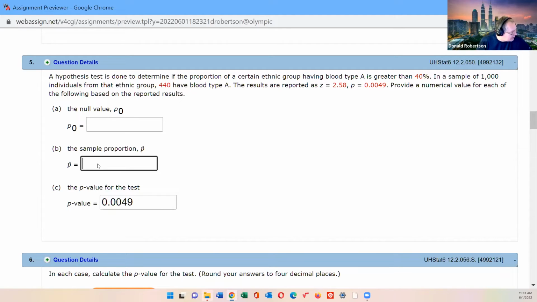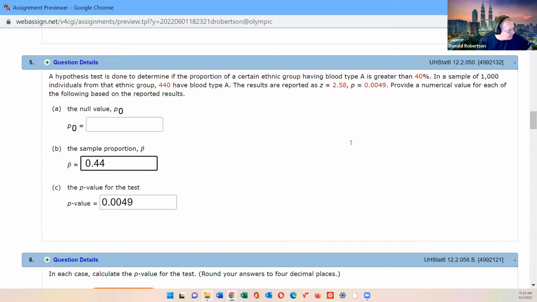Now, p-hat does require a little bit, but just a little bit of calculation. Wasn't p-hat the 440 out of your 1,000 sample? And 440 out of 1,000 will get you 0.44. Now, who is p0? We call it the null value.